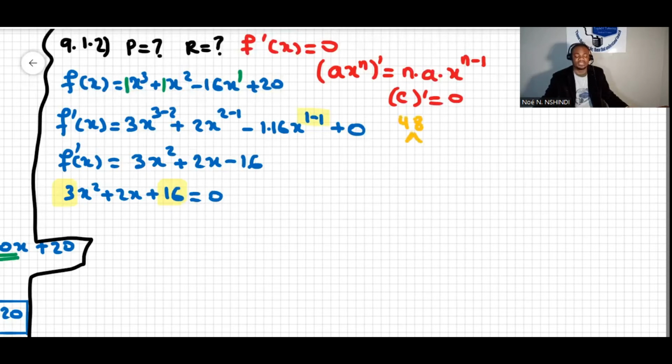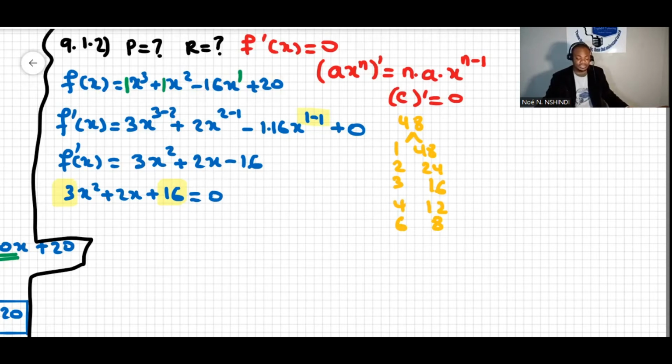Now let's list here the factors of 48, preferably in ascending order. So 1 and 48, 2 and 24, 3 and 16, 4 and 12, and then 6 and 8, and then the rest is repetition.